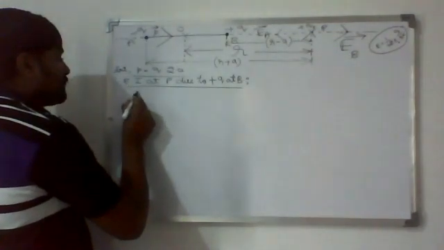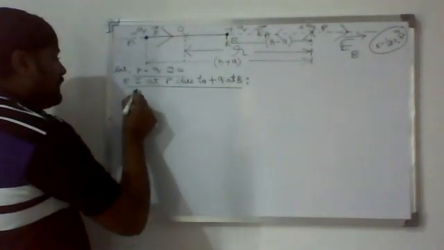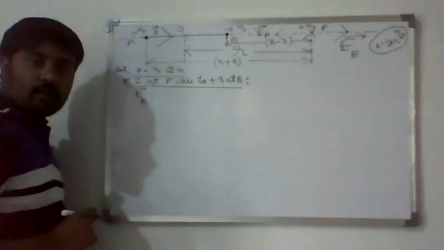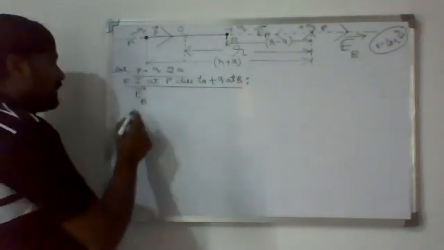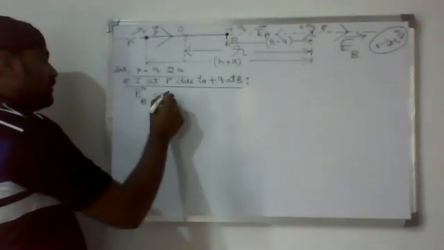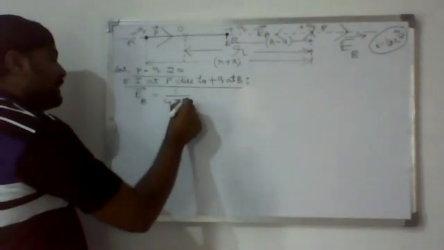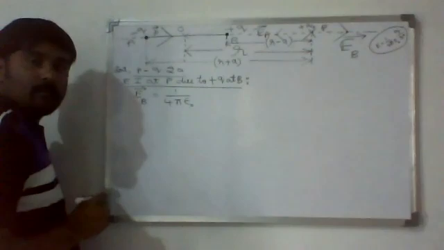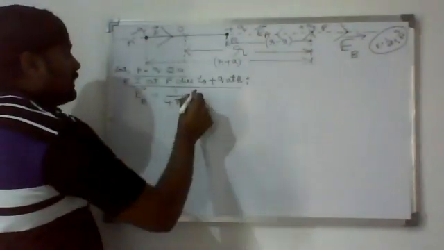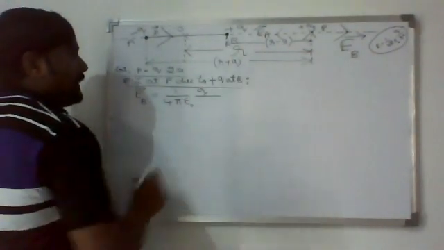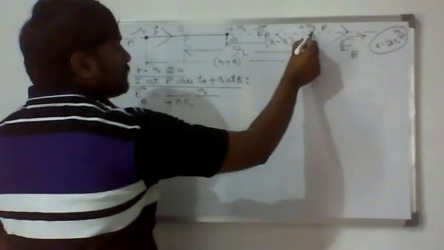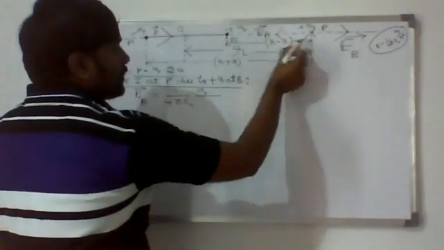So the mathematical expression is EB vector, that is equal to 1 divided by 4 pi epsilon naught, Q divided by the distance from observation point to plus Q. Here, what is the distance?